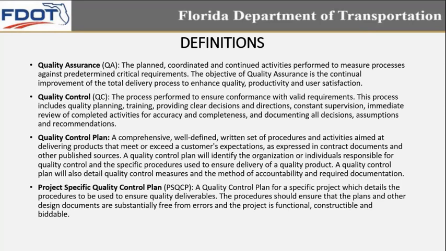This is one I feel gets used in different terms a lot of times, but per the PPM, quality assurance is the planned, coordinated, and continued activities performed to measure processes against predetermined critical requirements. The objective of quality assurance is the continual improvement of the total delivery process to enhance quality, productivity, and user satisfaction.